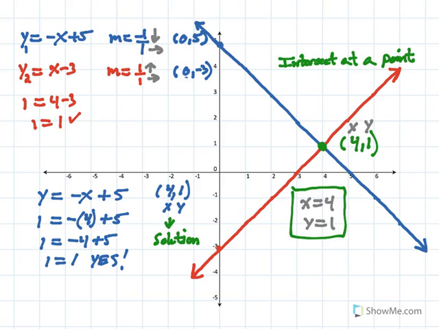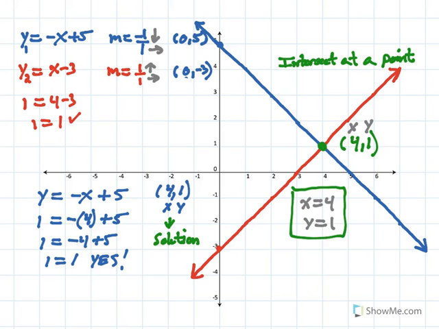So there are three possibilities that you're going to get. If you graph two lines and they're parallel, then they do not have any solutions. If you graph two lines and they're on top of each other, literally, that means they have infinitely many solutions. And if you graph two lines and you get an intersection, that means you can only have one solution for that system.